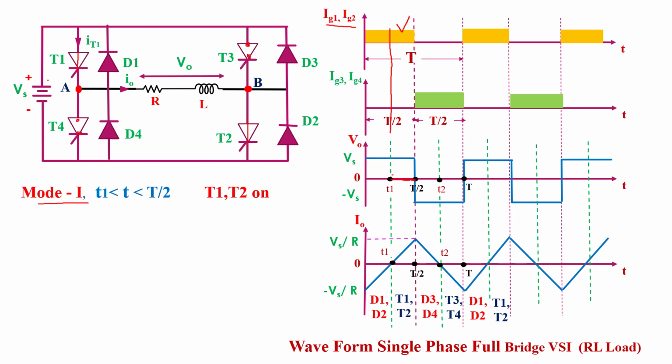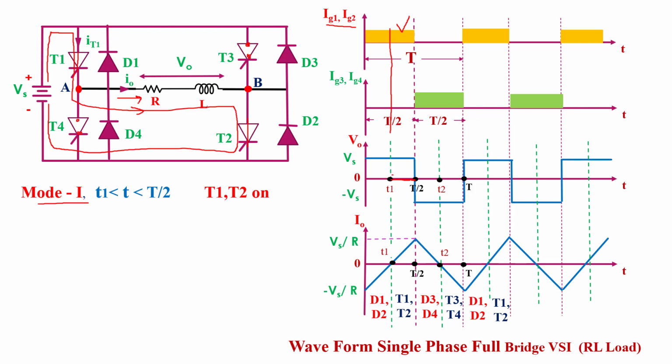Therefore, the current flows from the supply voltage along the path: supply voltage, T1 thyristor, load, T2 thyristor and back to the supply voltage. So current flows from point A toward B across the load.